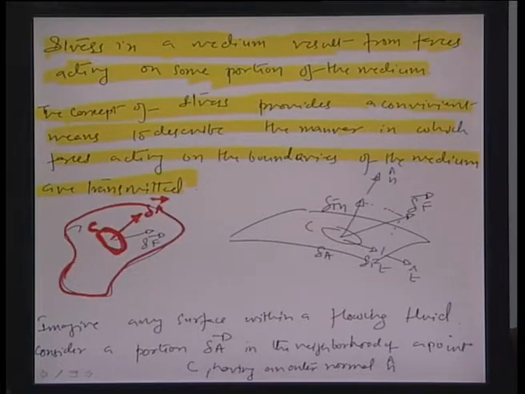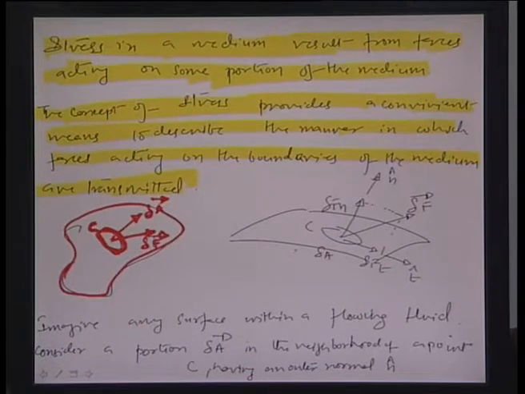Now, let us suppose that there is a force delta F vector which is acting on this area vector delta A. Okay. So, it is at a certain angle with respect to delta A, but there is a force delta F vector acting on this area vector delta A.